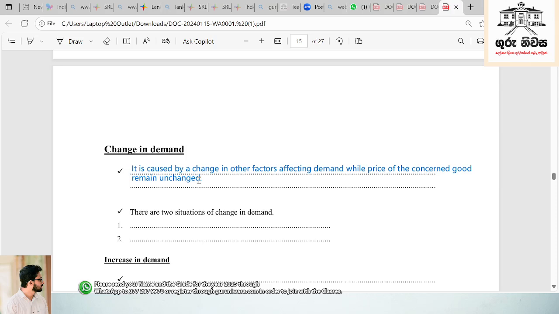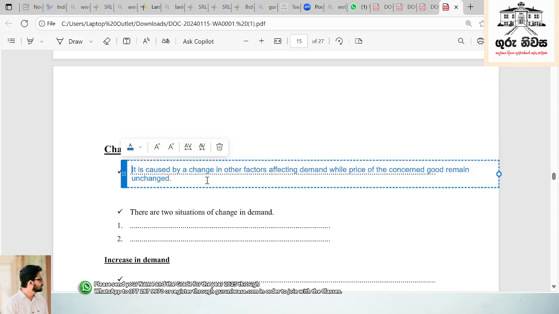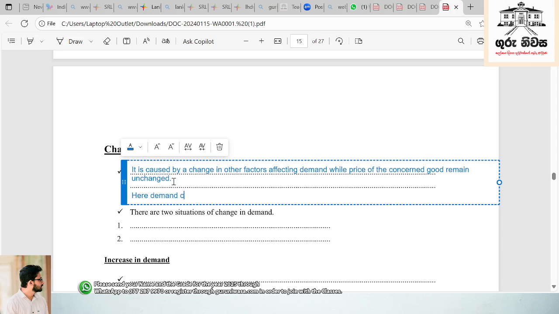Put the next point, write down: here the demand curve shifts to the left or right.